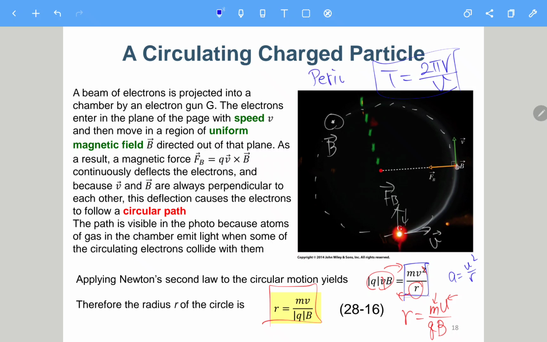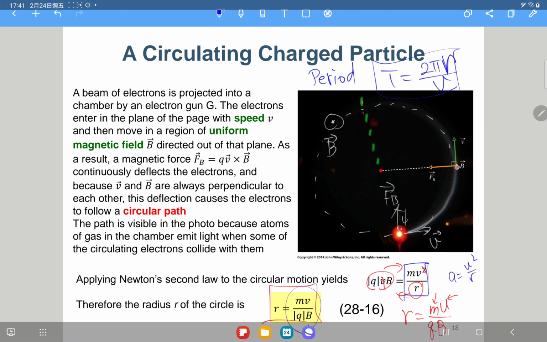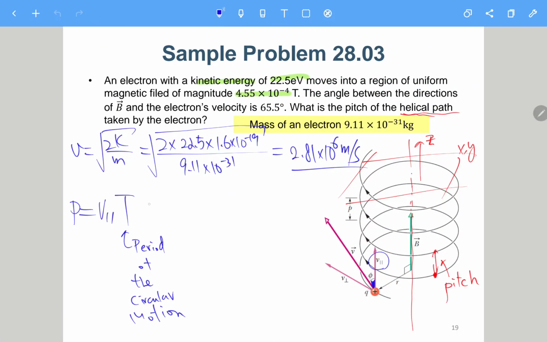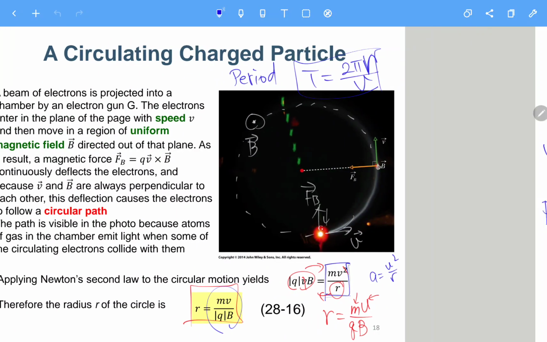This is the period of the circular motion. Okay, so if this is R, and we plug this into there, then we can get the expression in terms of mvqb. Here, this is v parallel, so this is v cosine of phi, and then we will have 2 pi r. 2 pi r is this one, mv over qb.